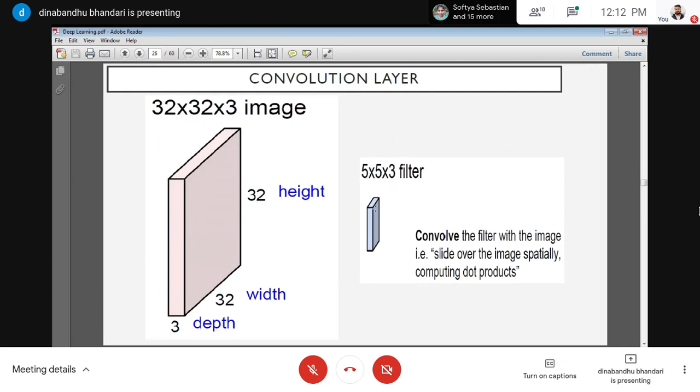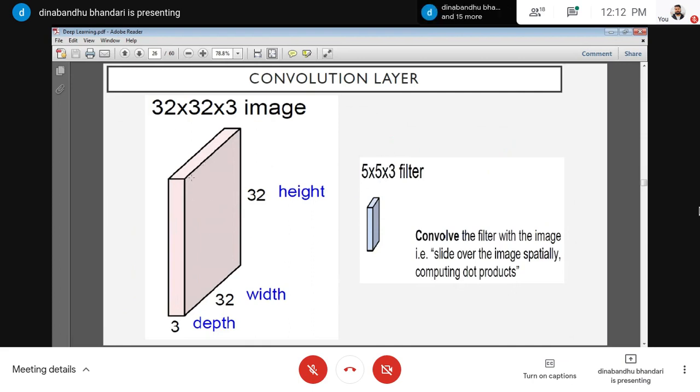Maybe W11, W12, W13, W14, W15, W21, W22. There will be weights associated with each point in the filter, and that will be multiplied with these image components. So we perform the dot product and produce one value.